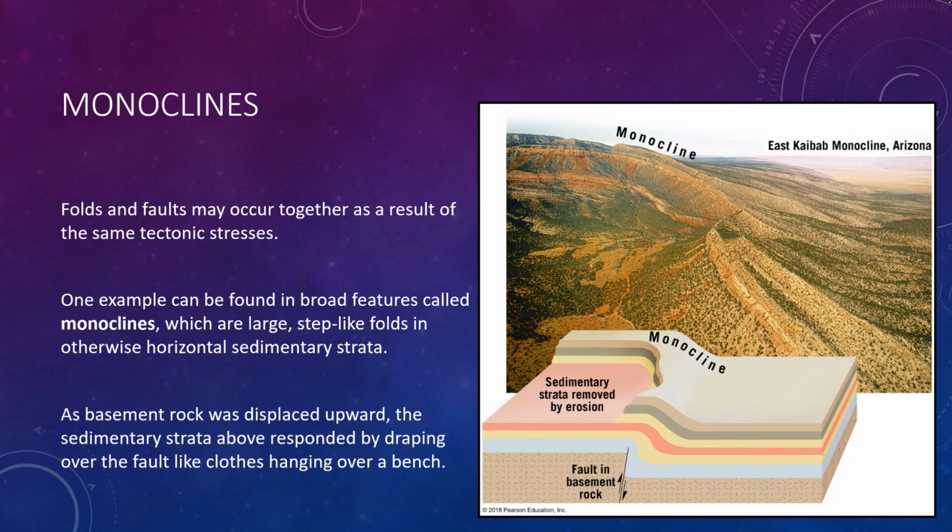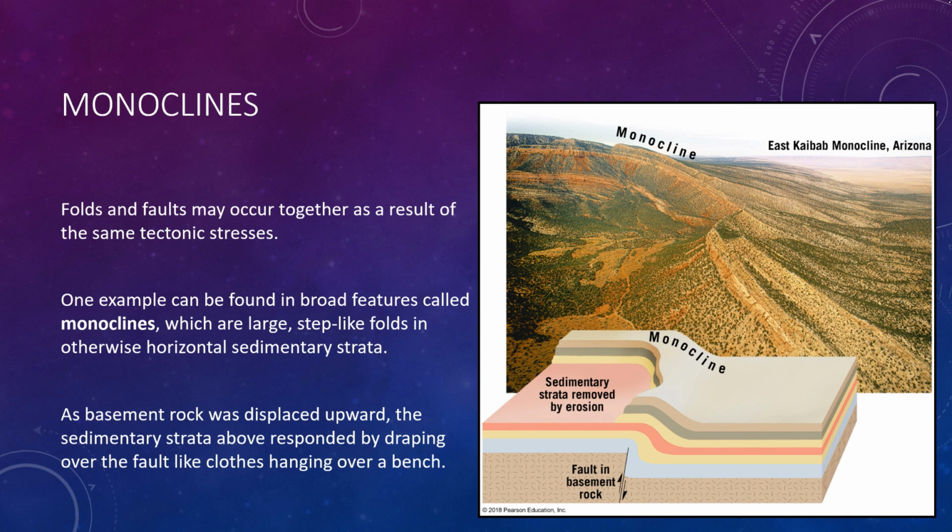Just going to throw in one other interesting feature that we might occasionally find on the surface. Although we have discussed folds and faults separately, they may occur together as a result of the same tectonic stresses. One example can be found in a broad regional feature called a monocline. Particularly prominent features of the Colorado Plateau, monoclines are large step-like folds in otherwise horizontal sedimentary strata.